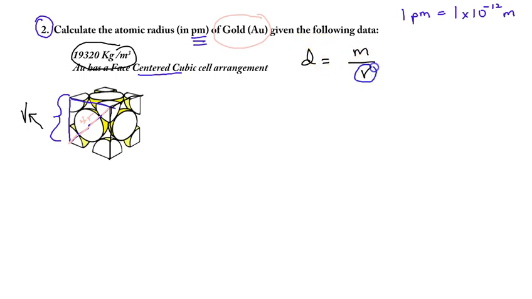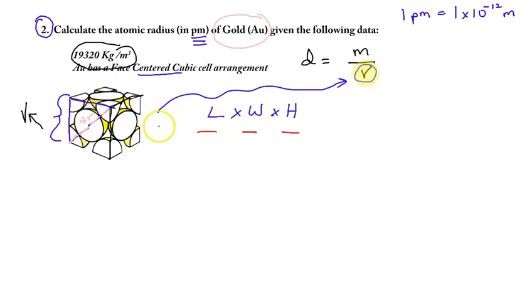This volume is the key to the problem, because once I have its value, I can solve for the length. The volume is going to be length times width times height.